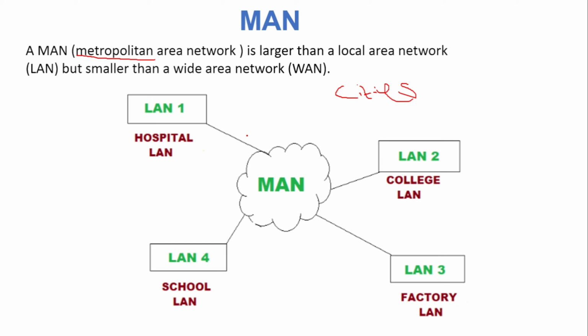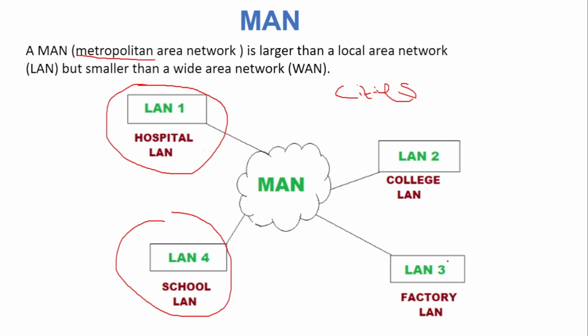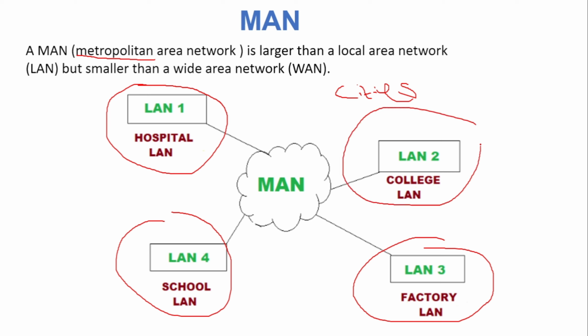A MAN spans over several buildings in a city or a town. So you can have a hospital, a school LAN, a factory LAN, or even a college LAN or CAN. The coming together of these different buildings in one particular city to communicate together is referred to as a MAN.